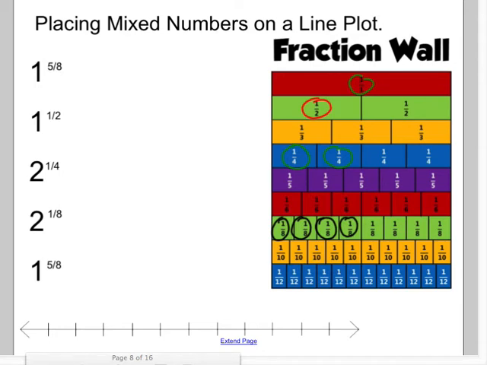Do you see how this line right here, if you go straight down, it shows you how many fourths fit into a half? How many fourths fit into a half? 2. Right. And then it shows you how many eighths fit into 2/4. How many eighths fit into 2/4? 4.